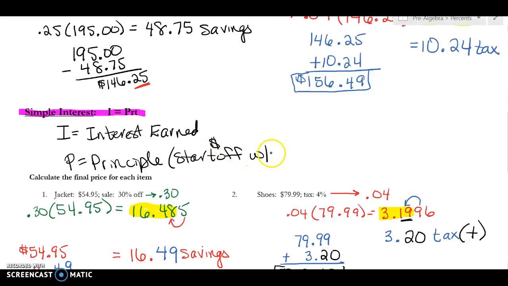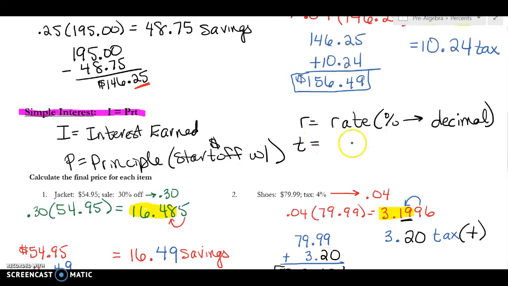This is the money you start off with. R represents the rate, which is percent as a decimal. Remember, everything needs to be decimal. And T represents time, and this is usually in years. Eventually, we'll get to problems that aren't years, but we're going to start off with years here.